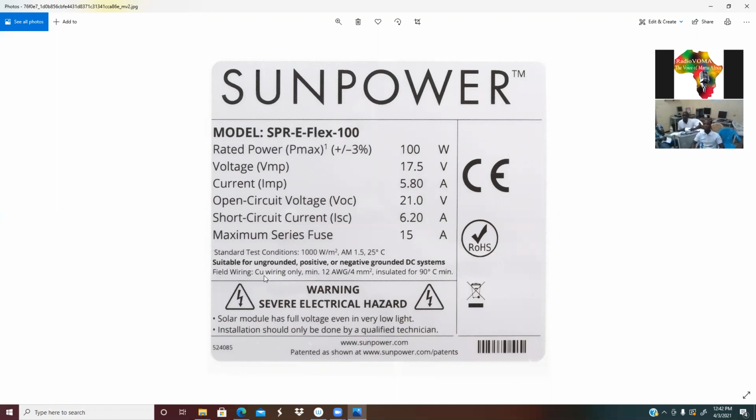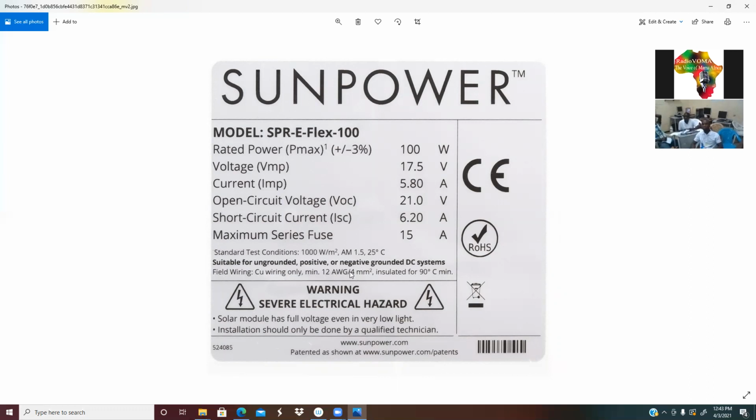Did you see it? Source wire only, minimum 12 AWG. This is the nameplate of the panel. They tell you right here the source wire only is minimum 12 AWG, 4 millimeter. You got it?